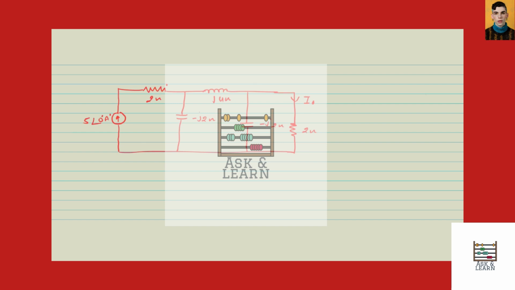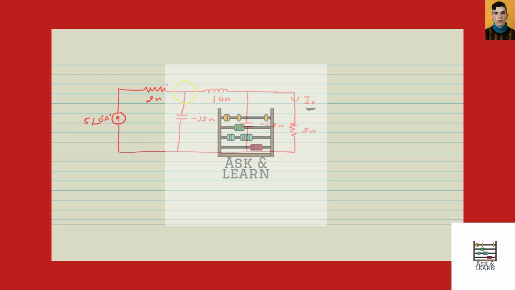So first we have to calculate the total impedance of the circuit. Basically there are three methods to solve this problem. The first method is to convert this current source into a voltage source and apply KVL in all these three loops, and by solving these KVL equations we can easily calculate the value of current I0.